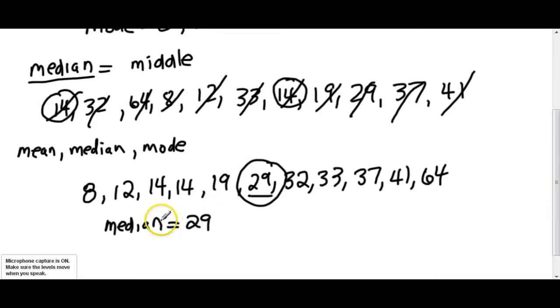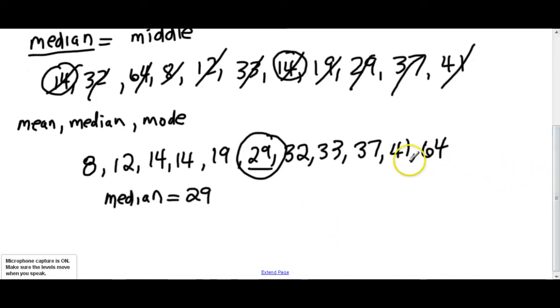Now, supposing I didn't have an odd number of data inputs, supposing I had an even number. Let's say we had the same group of numbers, and we were to take off one data point right here. So I had 10.